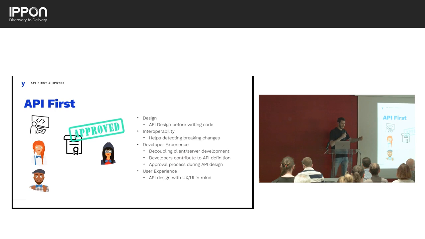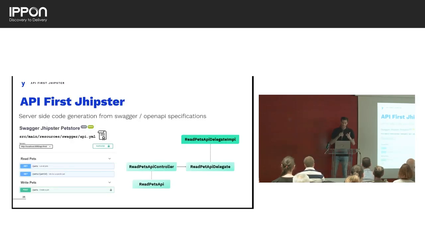If a guy from the front end needs additional parameters on another API, he can just start coding it, and then I will ask for approval via pull request or something. And also, if you do API first, you design your API with user experience and user interface in mind.